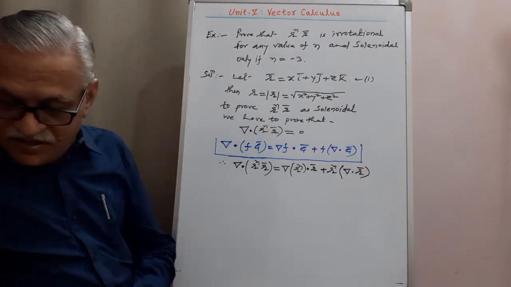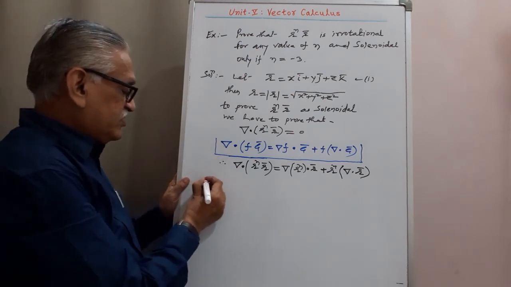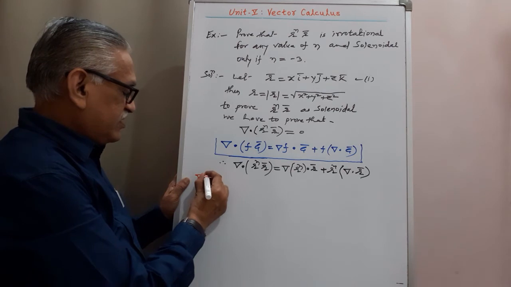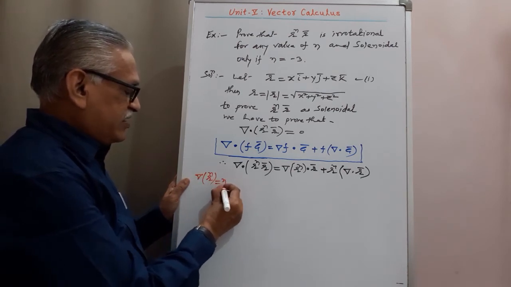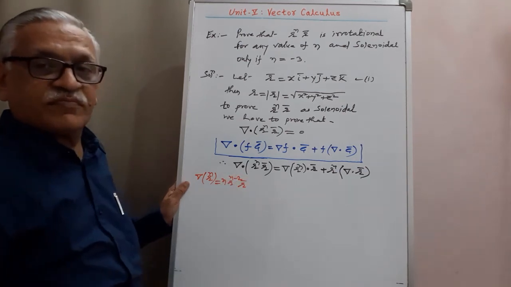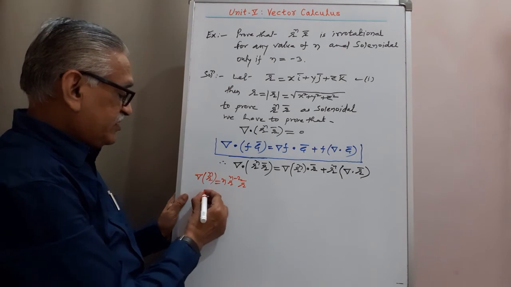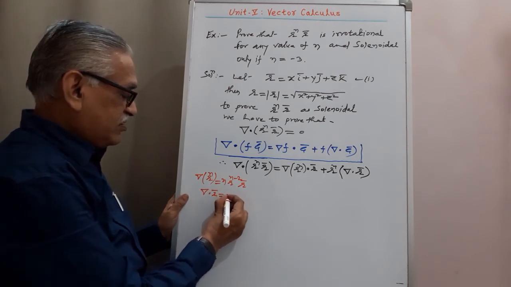And then to simplify it, once again we have to use the same two results. The first one, we know that del of r raised to n is n r raised to n minus 2 into r bar, and the second quantity, del dot r bar, is 3.